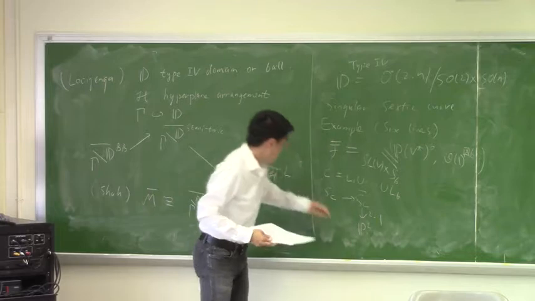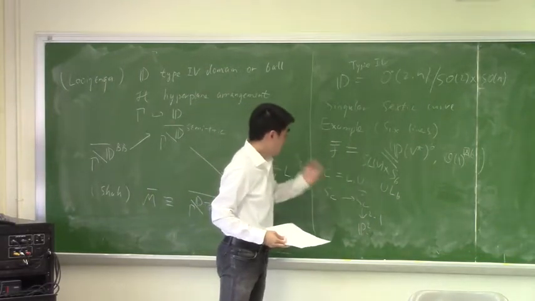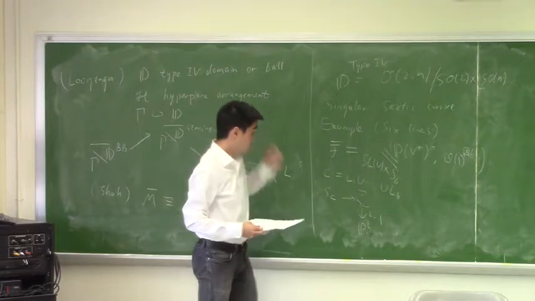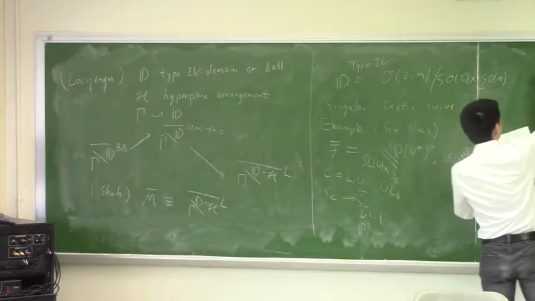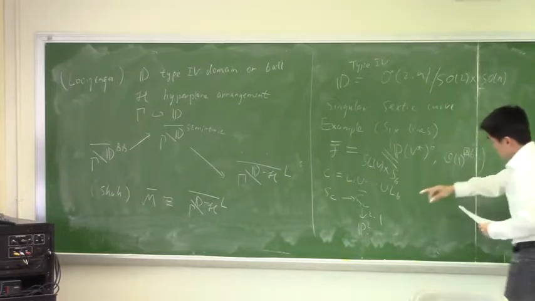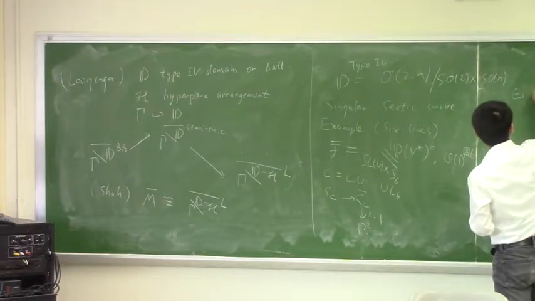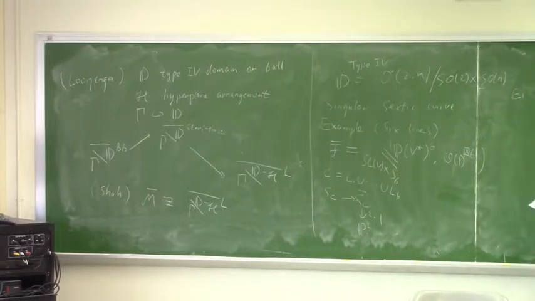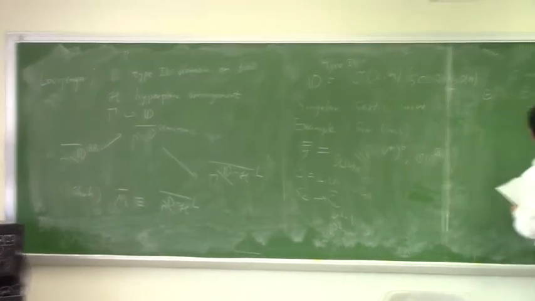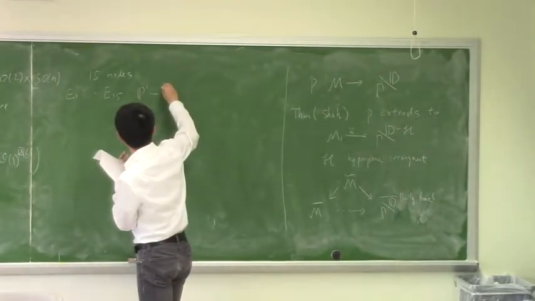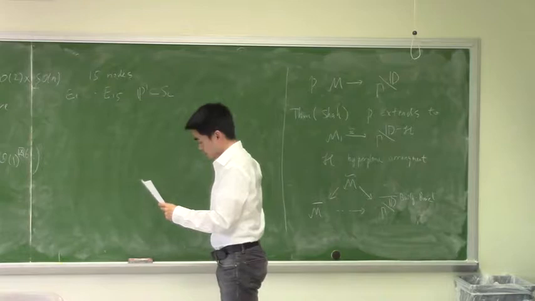And when we do this with 6 lines in generic position, we will have 15 nodes. So it corresponds to E1 up to E15 exceptional divisors. So it corresponds to these 15 P1s on our K3 surface.